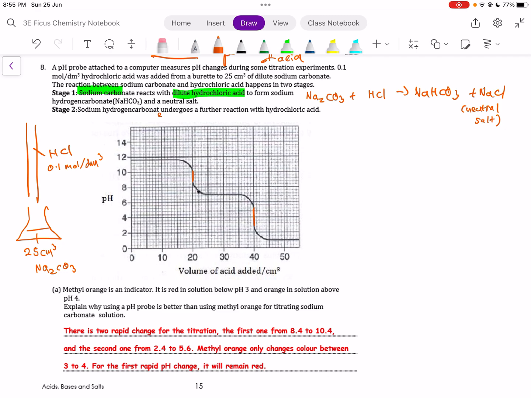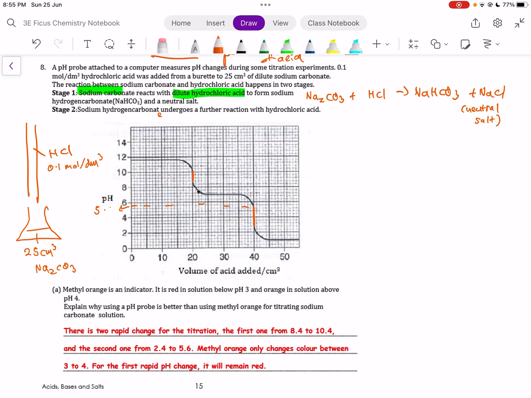Over here, you're told methyl orange is an indicator. It is red in solution below 3 and orange in solution above 4. Explain why the pH probe is better than the methyl orange for titrating sodium carbonate. If you look carefully at this curve, there are two rapid pH changes.